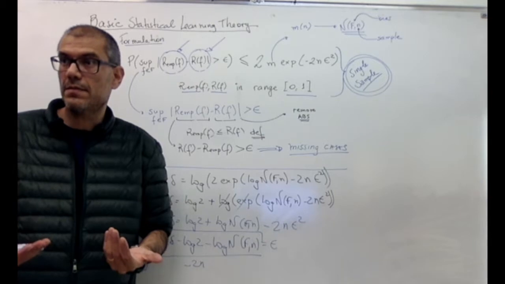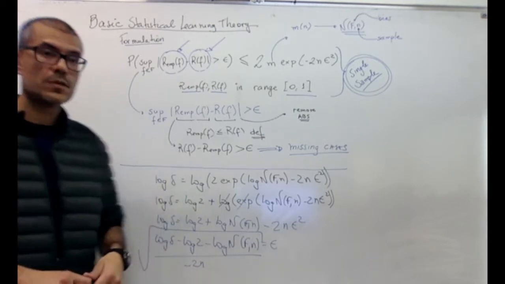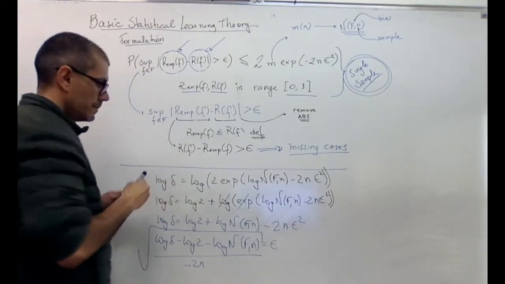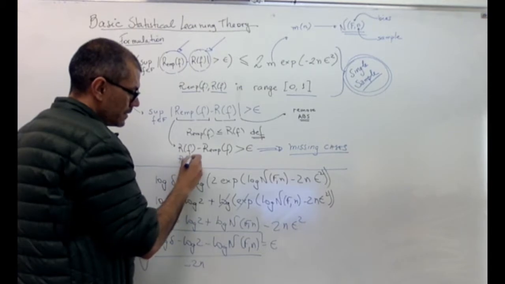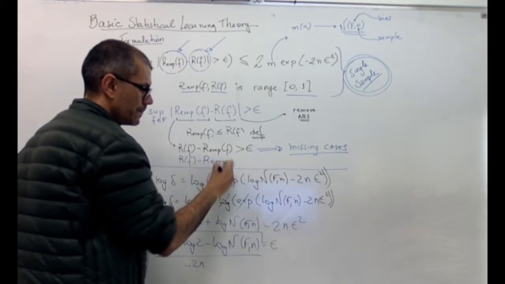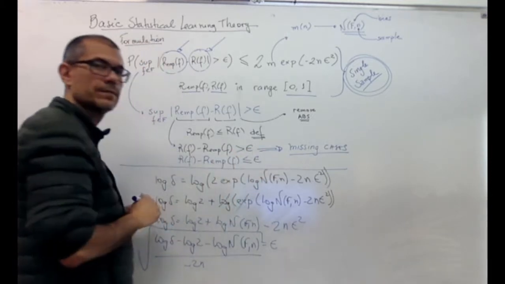So if that's the missing, I could look to the other side, to the hitting cases instead, the cases where we had a good solution. The cases we had a good solution were when this difference was not greater than, but smaller than or equal to epsilon.